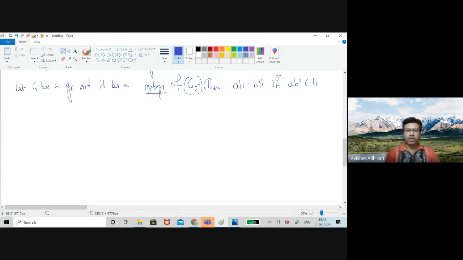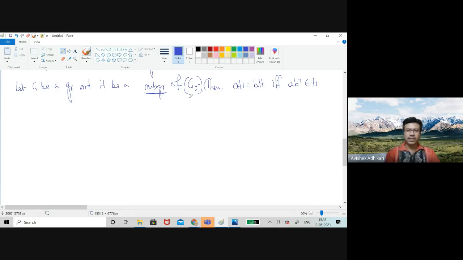I'm not talking about a normal subgroup, but if I have a subgroup, then you can always have a quotient notation. So aH and bH are quotient notation. Usually I should put a dot here for proper understanding, but when you are mature enough, this dot will not be required. From the context, you have to understand what you mean by this dot.